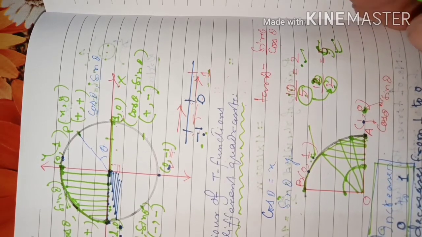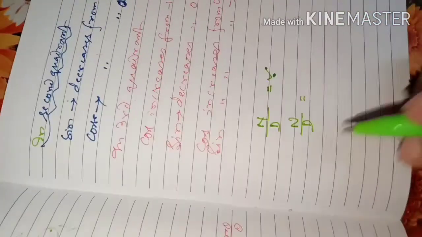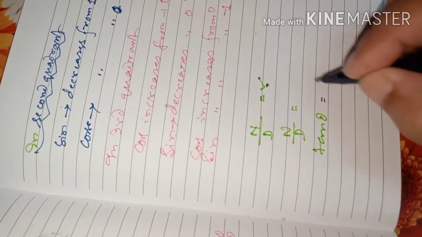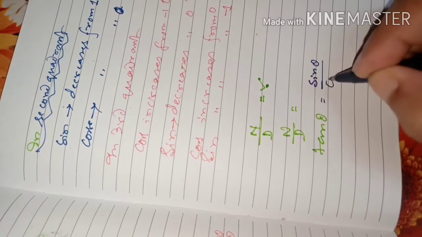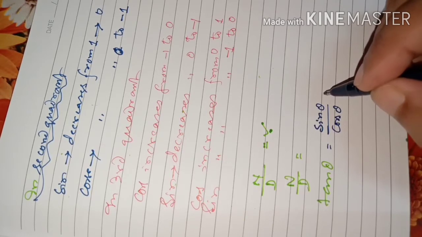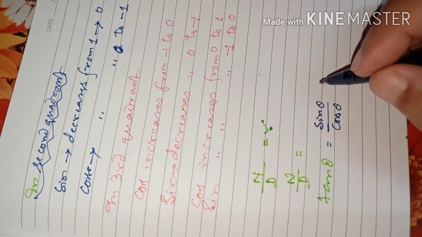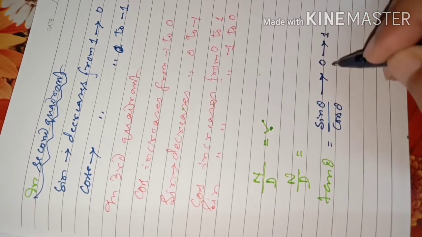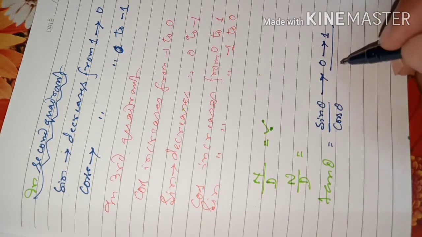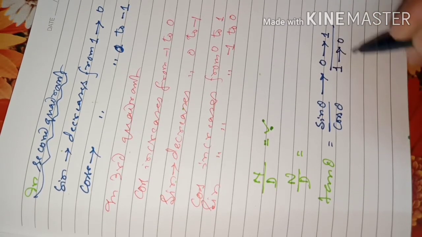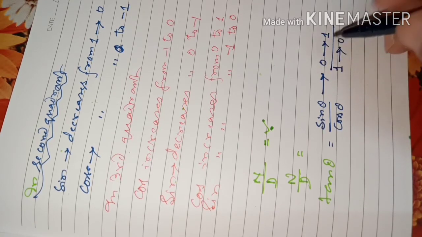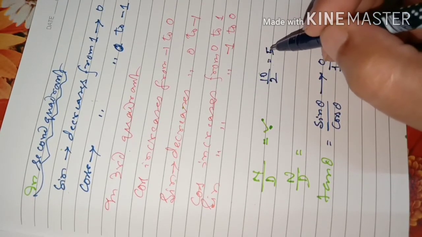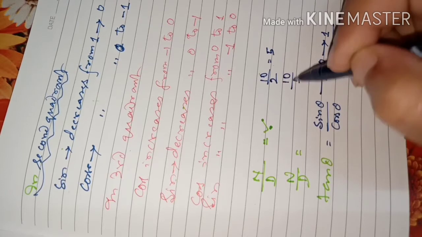So you should compare this whole thing with the tan ratio. Tan theta is also like that only. Tan theta is dependent on sine and cos. Now sine value will increase from 0 to 1. At the same time cos value is decreasing from 1 to 0. It is a decrease in the denominator and an increase in the numerator. Just now you saw 10 by 2 is 5, and 10 by 5 is 2.